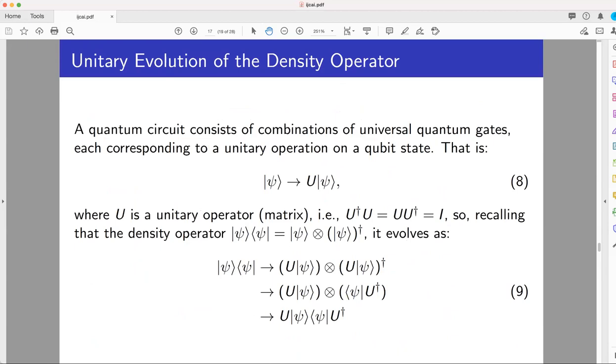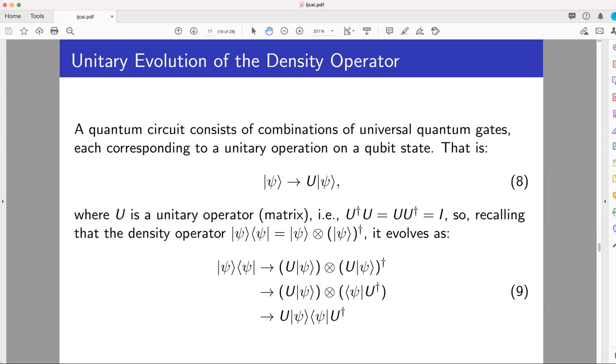Here is an example showing that we use the rotation gates to set up the unitary evolution of a density operator for a quantum circuit, which consists of combinations of universal quantum gates. Each quantum gate corresponds to a unitary operation on the qubit state. At the very beginning, there is the state psi.